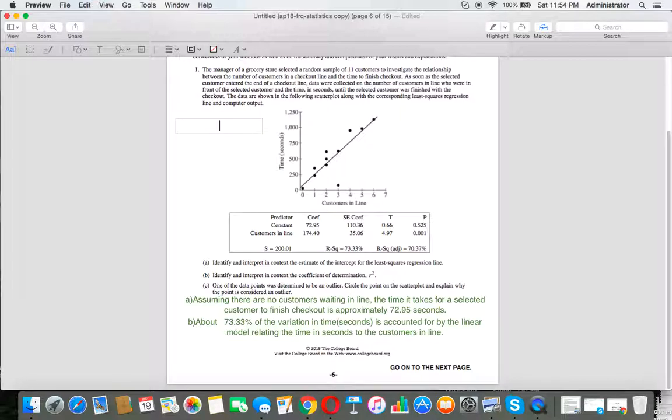Let's see, this says C. So I've already identified it. On your paper, you could circle it, or I'm doing it on a laptop, so it'd be different. And explain why the point would be an outlier.